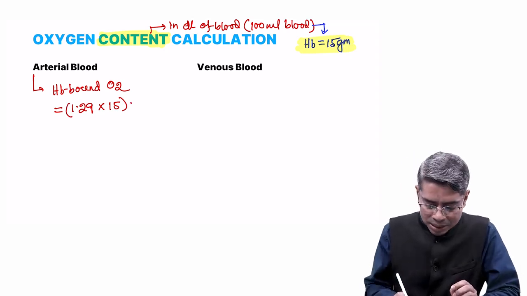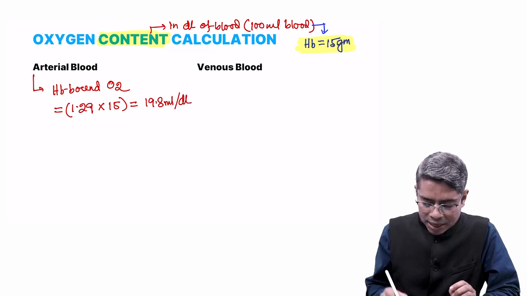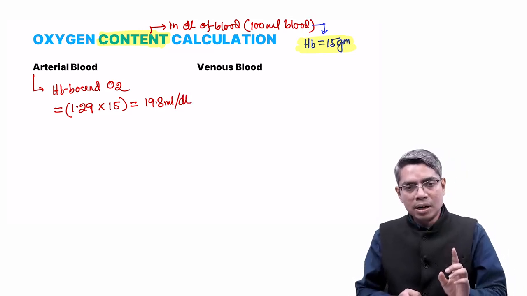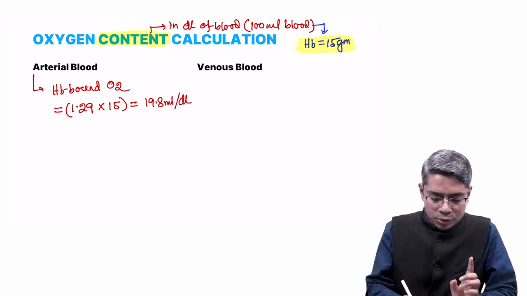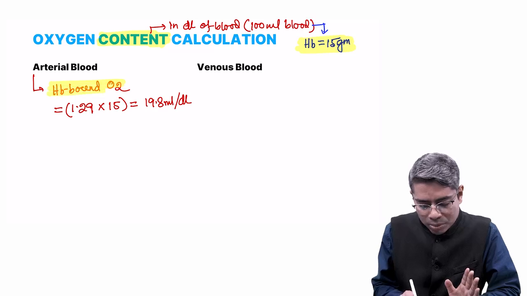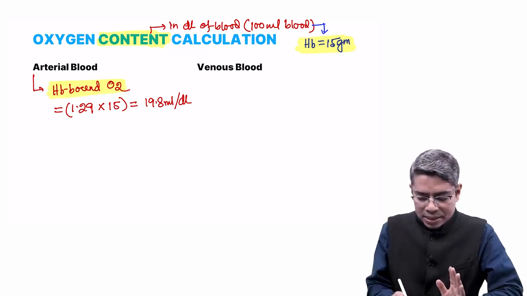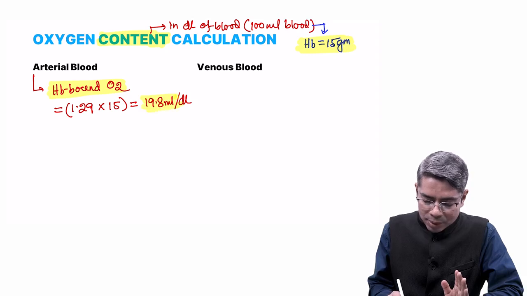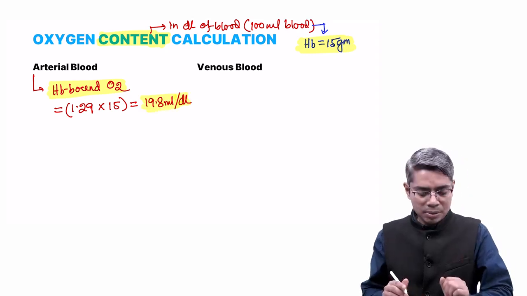So, 15 gram multiplied by 1.29, it will be 19.8 ml of oxygen carried by 100 ml of blood or per deciliter of blood. So, this is the final oxygen content in the form of hemoglobin bound oxygen, that is 19.8 ml of oxygen carried by 100 ml of blood.